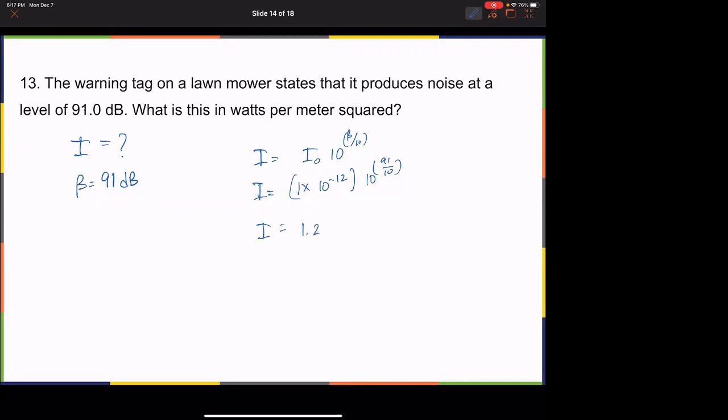And I get 1.26 times 10 to the minus third watts per meter squared. Anybody have any questions there?